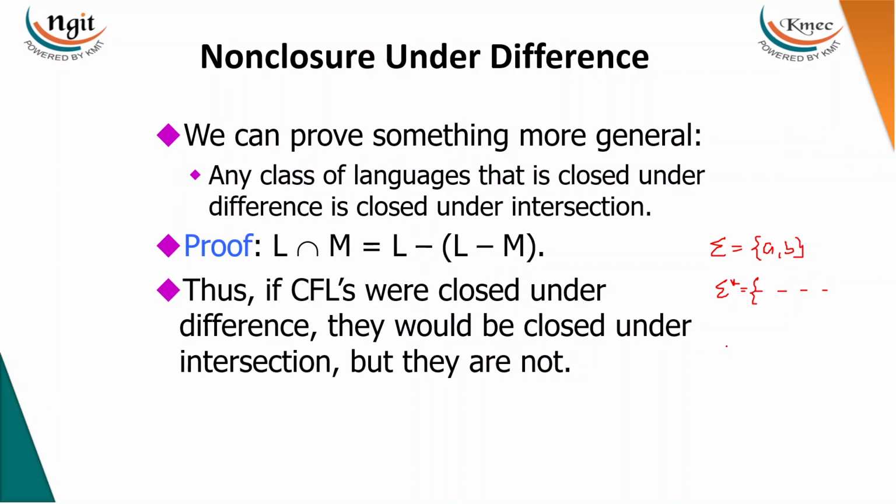Then take the complement, if it is not closed under complement. Complement means sigma star minus L. So from the universal language, if you remove L, the resulting language may or may not be a CFL, that we don't know. In the same way, for difference, L1 is a CFL and L2 is a CFL, but L1 minus L2 may or may not be a CFL, that we cannot say.